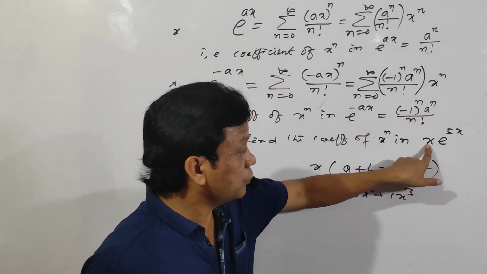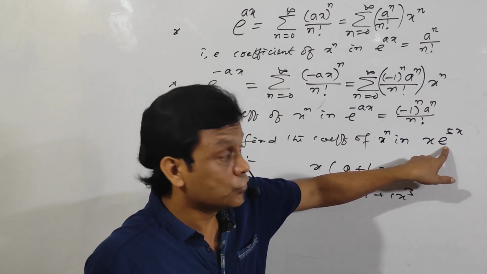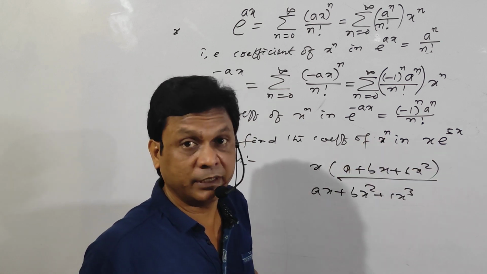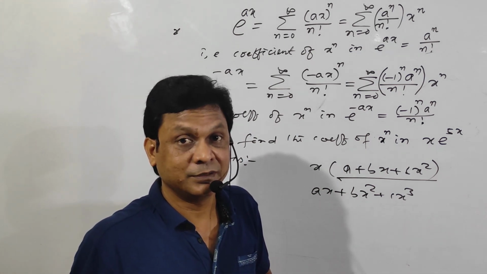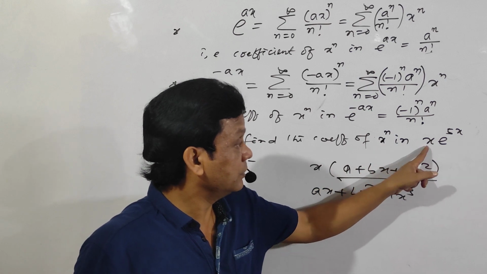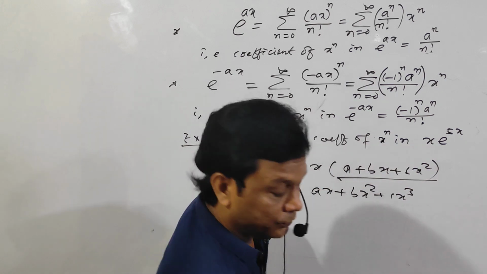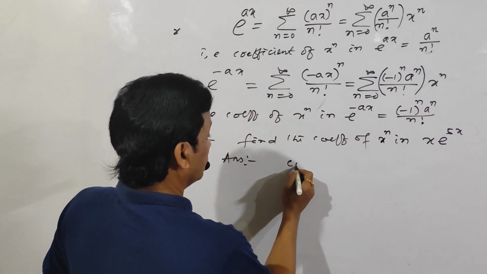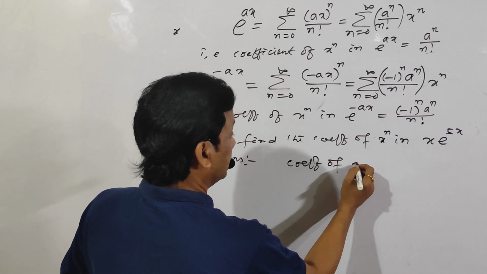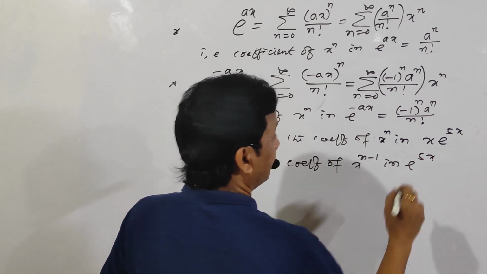So here, x should be multiplied to which term so that the power will become x to the power n? To the term containing x to the power n minus 1. If you multiply x to x to the power n minus 1, it will become x to the power n. That means you have to find out the coefficient of x to the n minus 1 in e to the 5x.